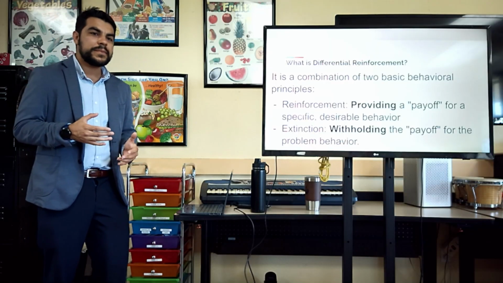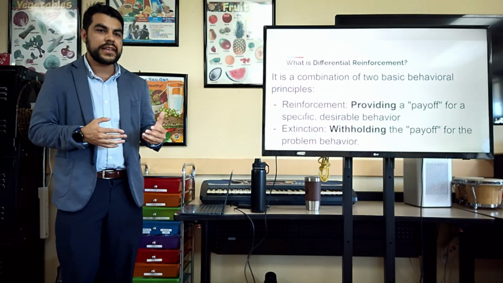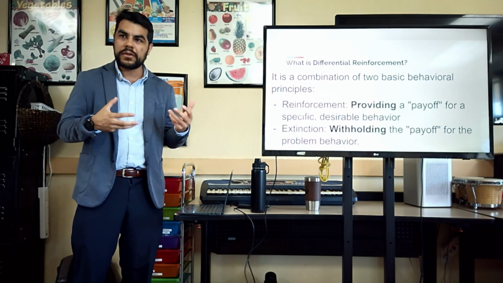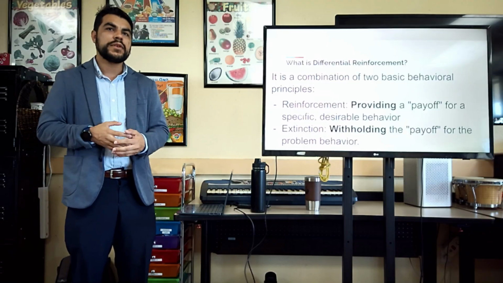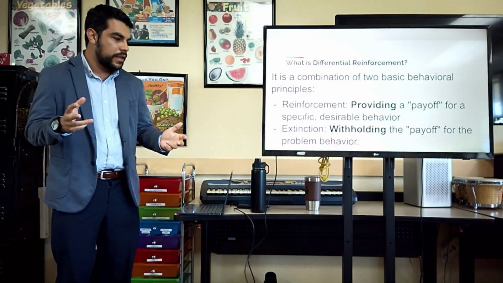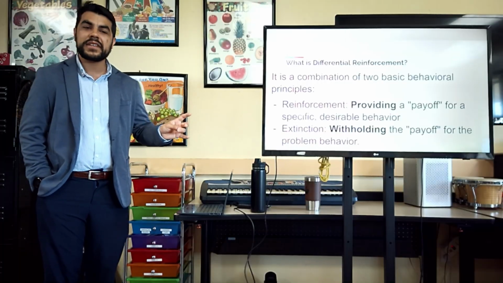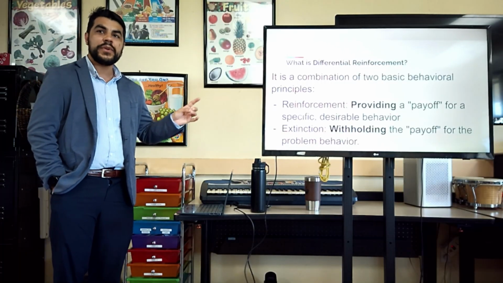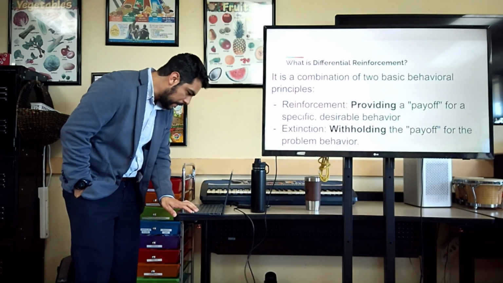Conversely, we also want to place on extinction those behaviors that get in the way of them learning and living meaningful lives. So problem behavior, which we were discussing just yesterday: forms of aggression, SIB, property destruction, and all that. So differential reinforcement is simply the application of both reinforcement and extinction simultaneously.